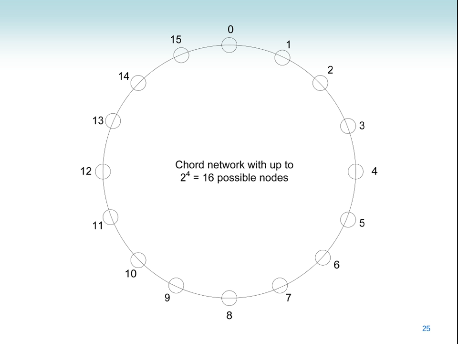Which one's closest to 13 from node 0's perspective? Out of 1, 2, 4 and 8, which one is closest to node 13? You are node 0. You know about 4 other nodes, node 1, 2, 4 and 8. You're looking for node 13. Which one are you going to send to which is closest to node 13?